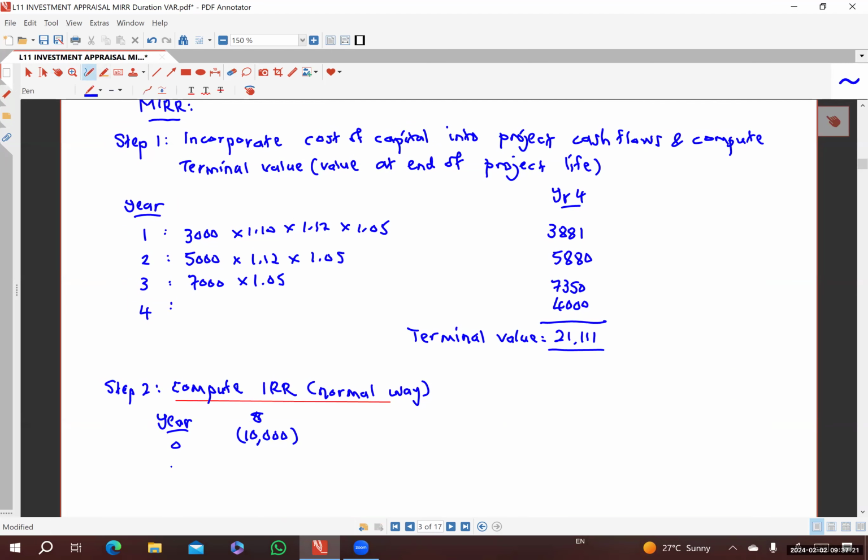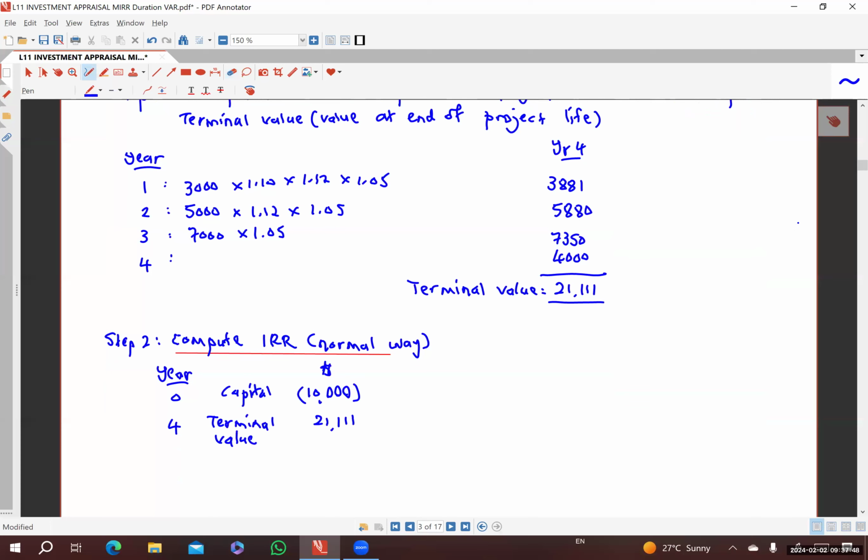So in year 4, you have a terminal value of 21,111.